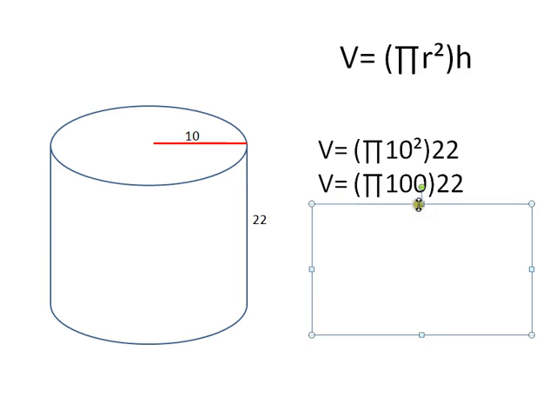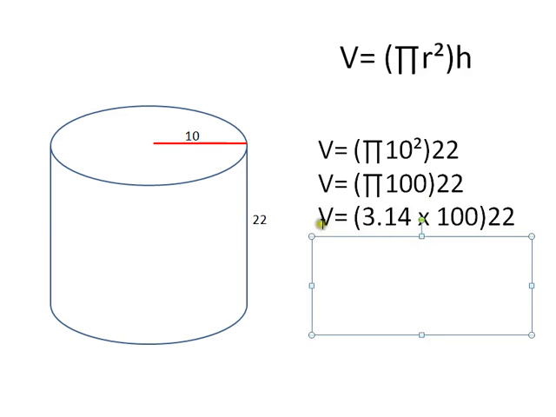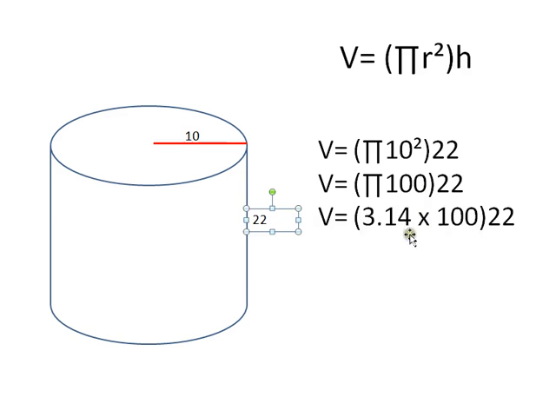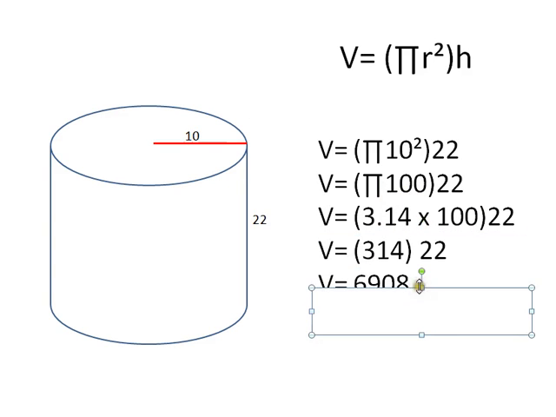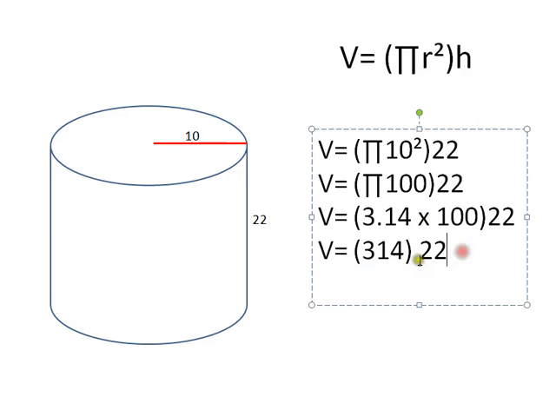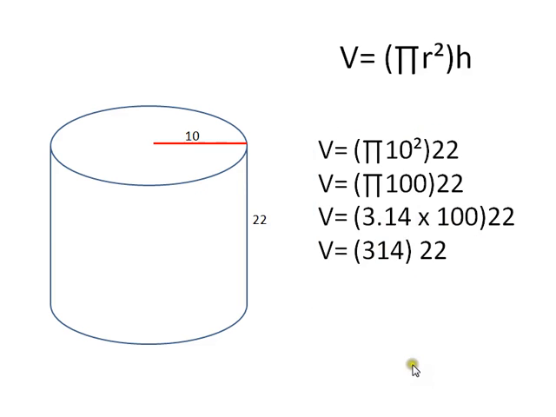Well, now I'm going to substitute my pi of 3.14 times 100 times 22. And I know that 3.14 times 100 is just 314. I'm just moving the decimal over twice when I'm multiplying it by 100. Times 22.